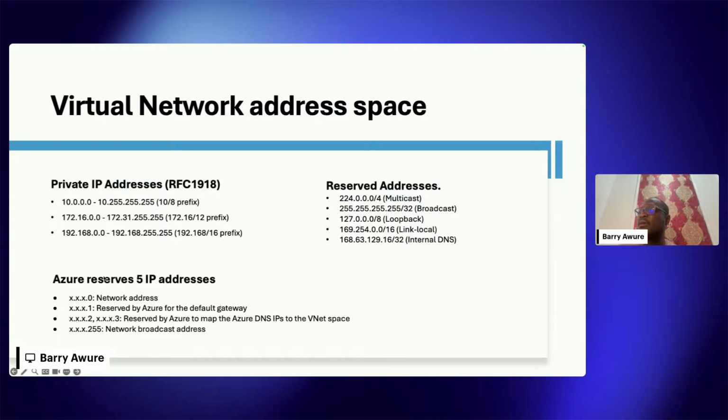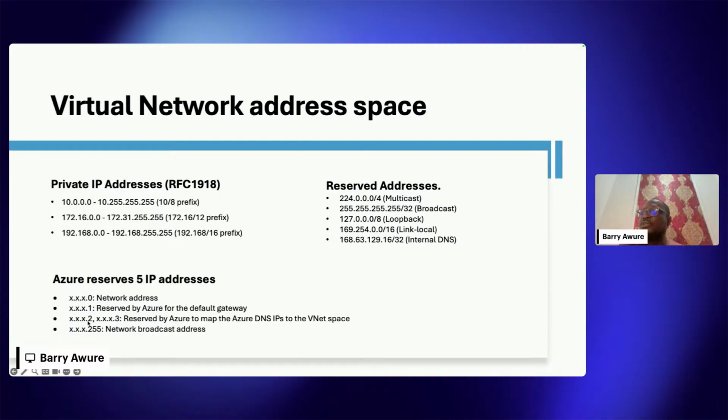And then there are also other reserved Azure IP addresses, right? So you have the right to use all these IPs here, but there are 5 of these IPs that you cannot use. One is the network address, which most of the time starts with a .0, and then you have a .1 of whichever of these IPs, which is reserved by Azure for your default route, for a default gateway.